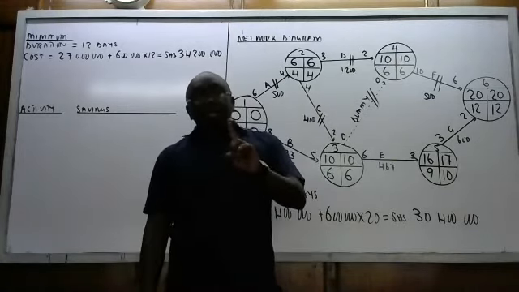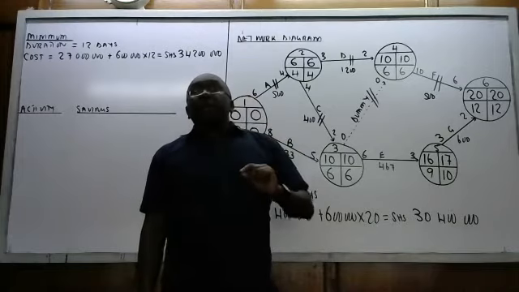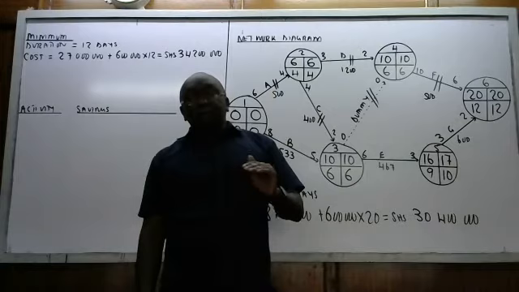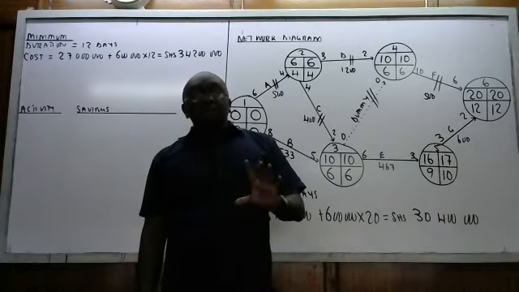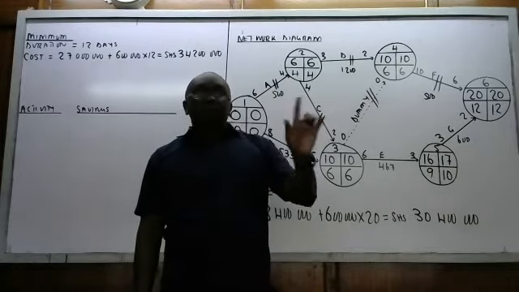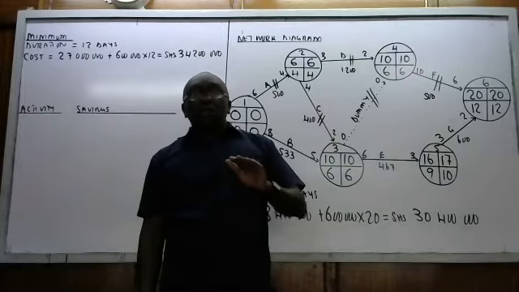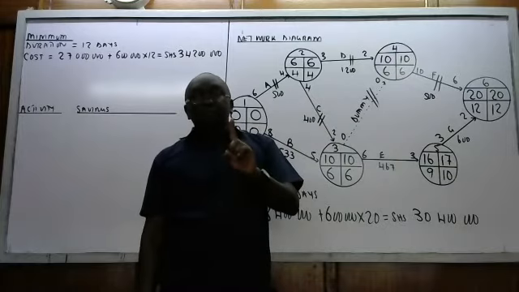So point number one is this, that the cost slope is the amount by which cost goes up for every 1 day you reduce the duration.